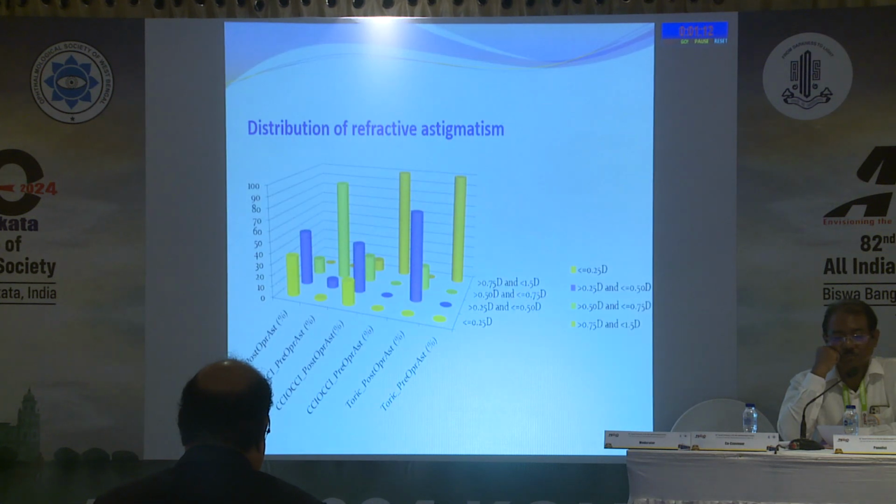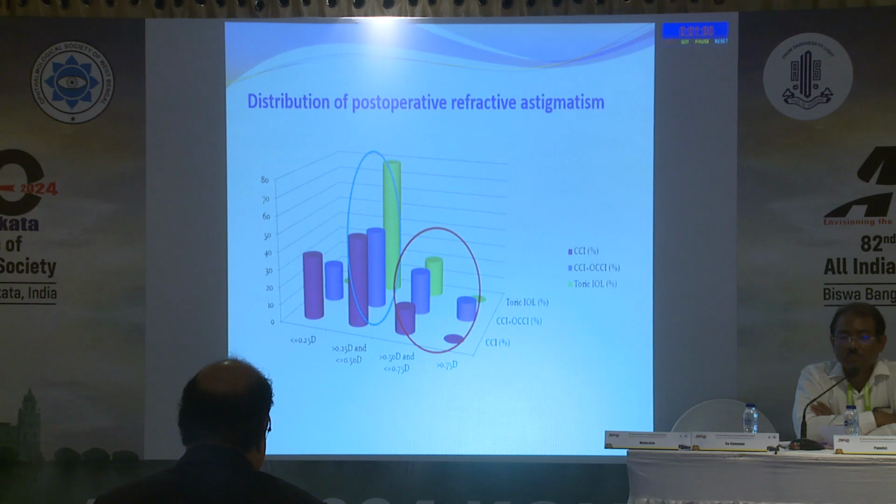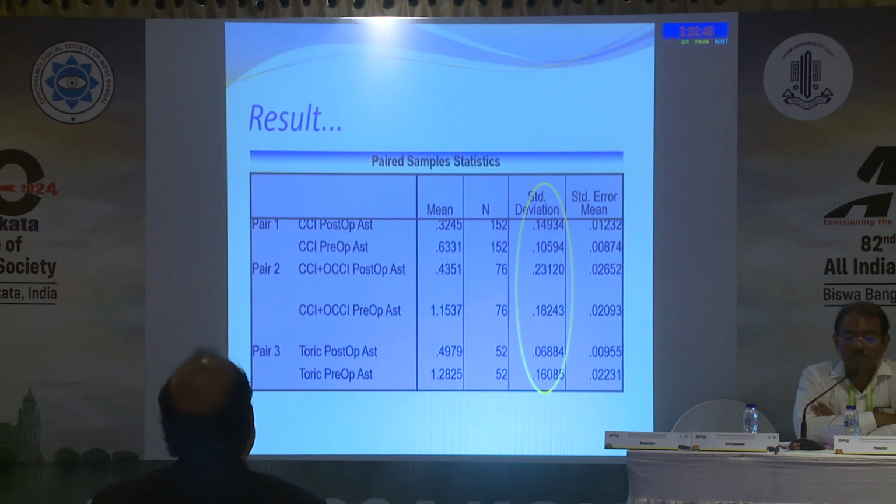Here is the distribution of refractive astigmatism pre and post-operatively. It shows that it gives very good results in all three methods of treatment. Here again it shows that the post-operative refractive astigmatism result is very good if we apply a clear corneal incision or clear corneal with opposite clear corneal incision. The standard deviation is very low.